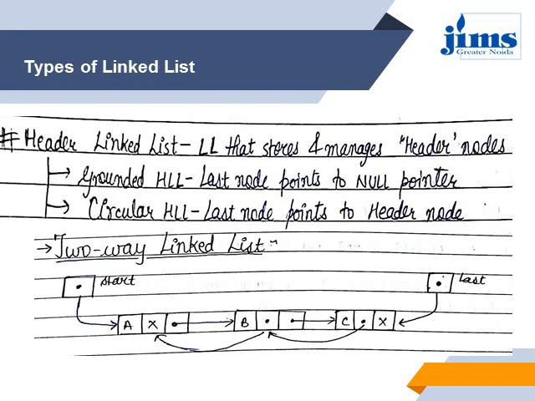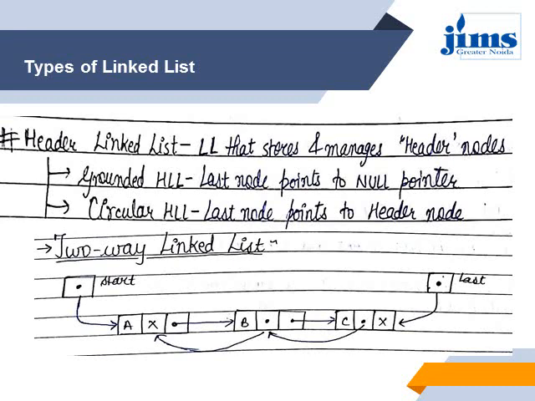See this figure here, A, B, C are the data, where each node is divided into different parts. The first box is the data information part. The second box is the backward link, and the third box is the forward link. So every node has been divided into three subparts: one is the information-holding part, the other is the backward link, and the next is the forward link.